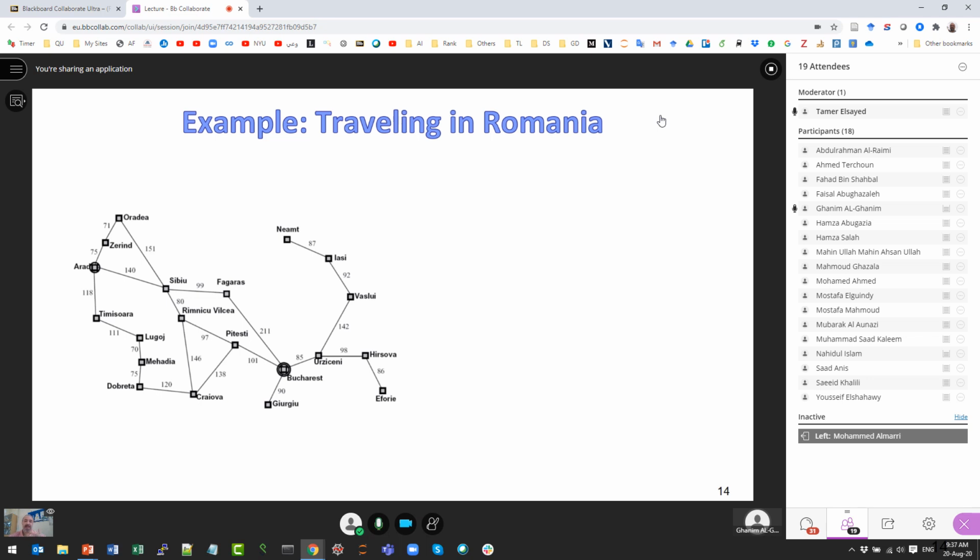Tell me generally, describe the states generally. You don't have to name the cities. Ghanem, we are talking about the state space now. We are not talking about the other components, just the state space. What are the states in this problem?